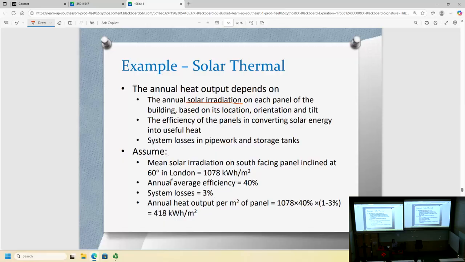So based on these assumptions, the annual heat output for every square meter of the panel will be the radiation multiplied by the efficiency, and then multiplied by the factor considering the system loss, and we have this value. This is just some assumption. So we assume that for every square meter of the solar panel, it will generate 418 kilowatt hour every year.